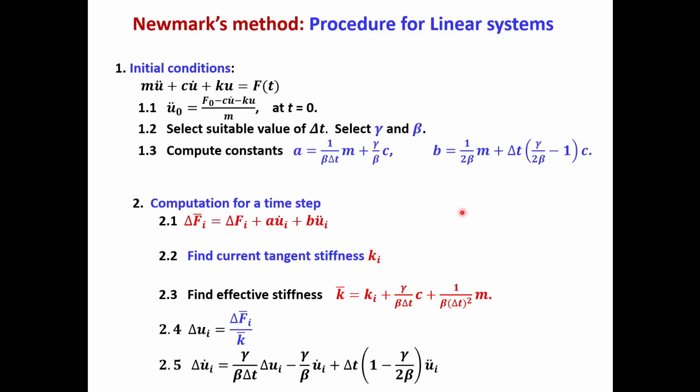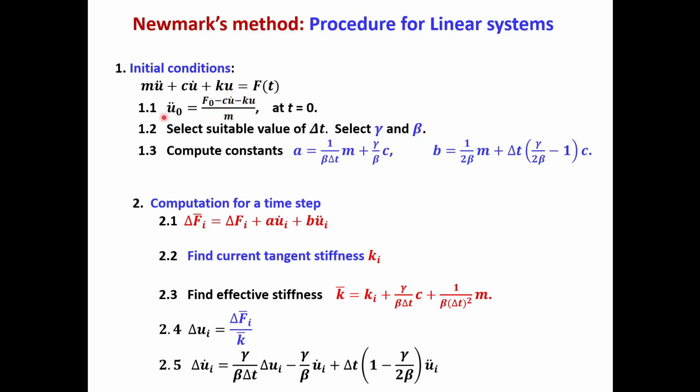Now let us see the steps involved in the nonlinear analysis as per Newmark. So we start with the equation of motion, and if you want to get the initial conditions, simply rearrange the equation with u double dot naught, that is at t equal to 0, and you get this. So this is the initial acceleration if there is any value of ft or velocity or displacement initially given.